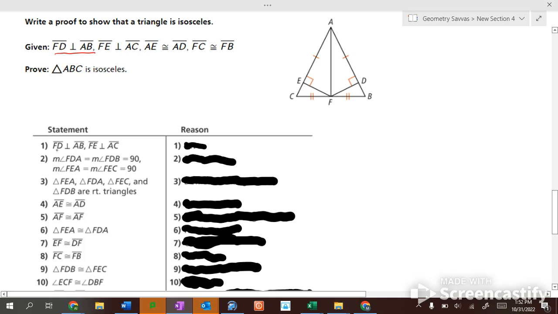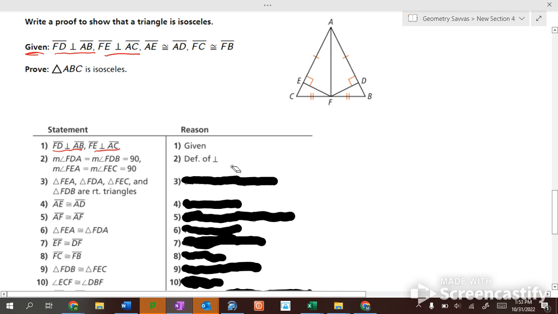So this matches this. This matches this. These are in the given statement. So what's the reason for saying that? Given. That FD is perpendicular to AB and that FE is perpendicular to AC. So we've already established we got some right triangles here. Since it's perpendicular, we have 90-degree angles.